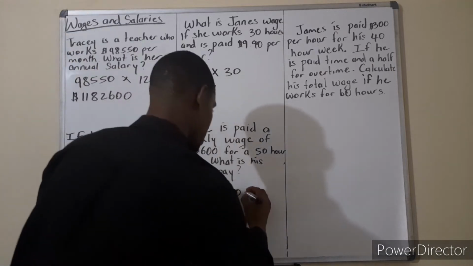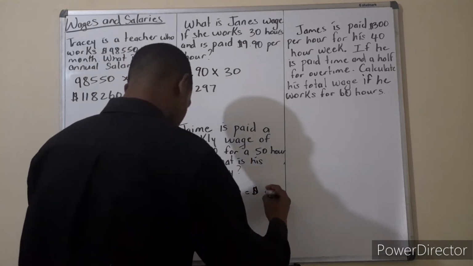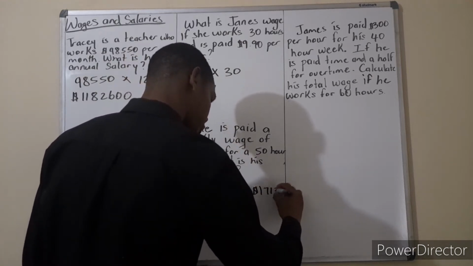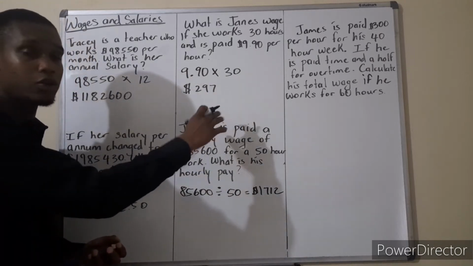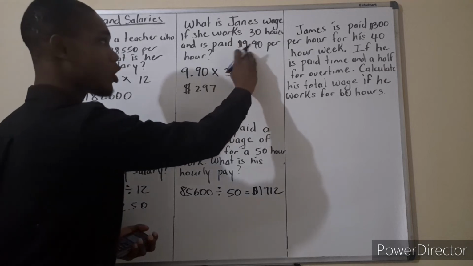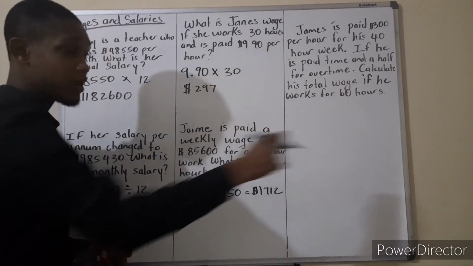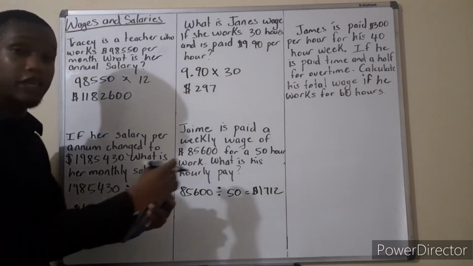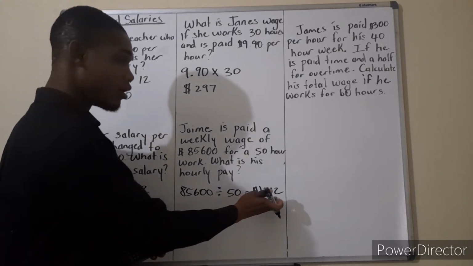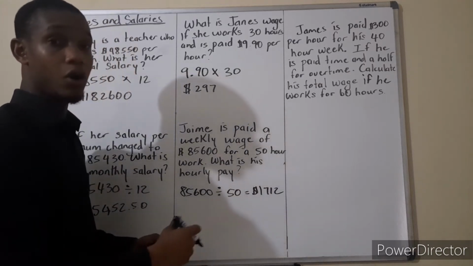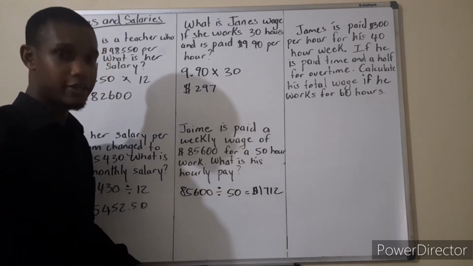And the reason you divide is because you're moving from the larger quantity, which is the final pay, to the smaller quantity, which is the pay per hour. So moving from month to year, you multiply. Moving from your basic hourly rate times your hours to get your basic salary, you will also multiply. On the other hand, if you're moving from year to month, divide. Moving from your final pay to find the pay per hour or the amount of hours you work to get your final pay, you will divide.